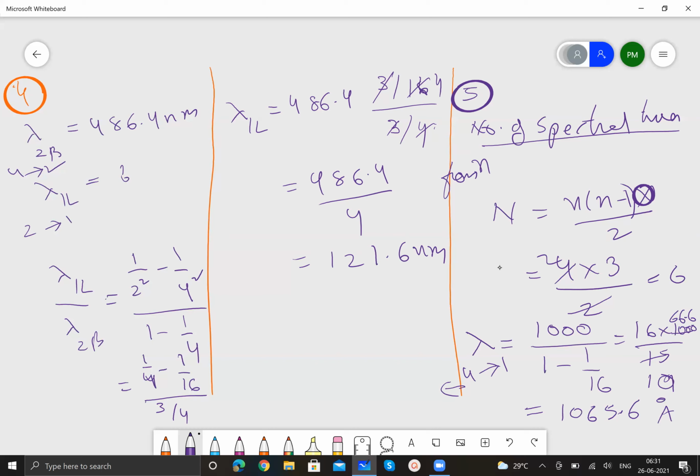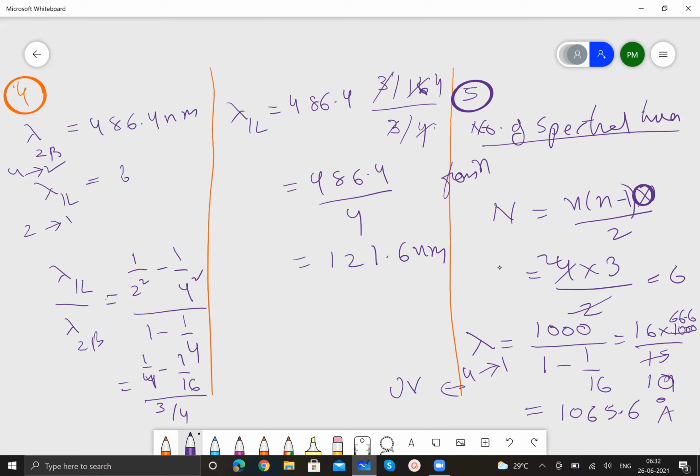This will be less than 3800 angstrom units, so it is in the UV region. Less than 1 angstrom unit is gamma rays, 1 to 100 angstrom units is X-rays, 100 to 3800 angstrom units is UV rays.